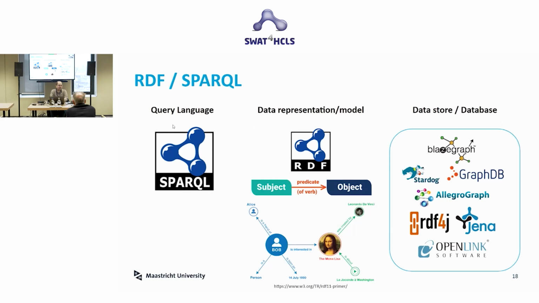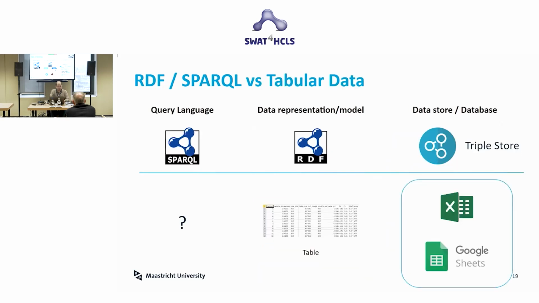And the third component is the query language. In this case, it's called SPARQL. This language can ask questions on the triple store that contains the graph data, or the RDF data stored in it. So this is like a stack of technologies for the semantic web.